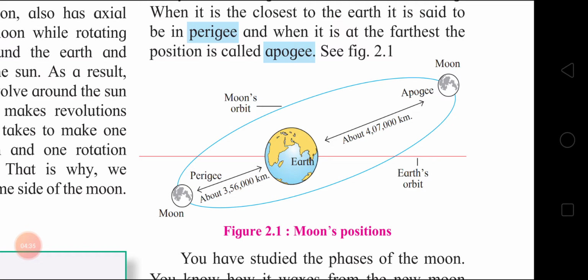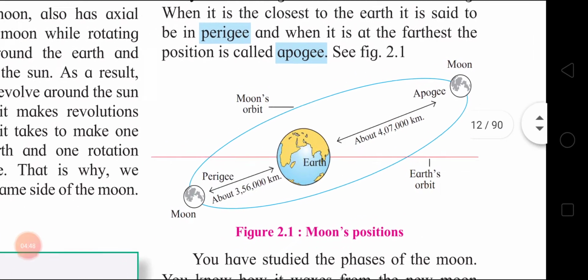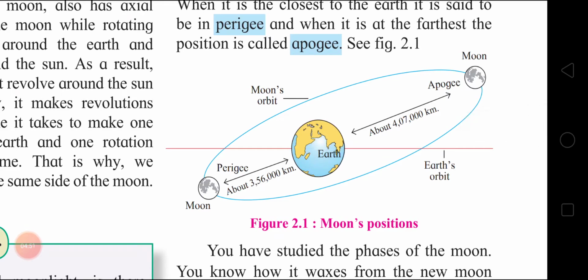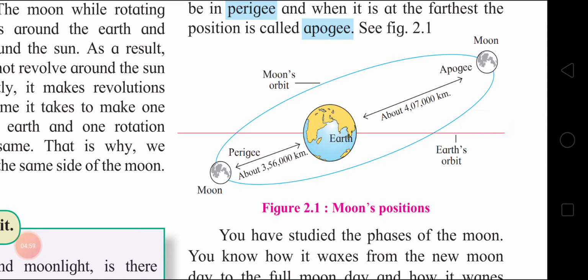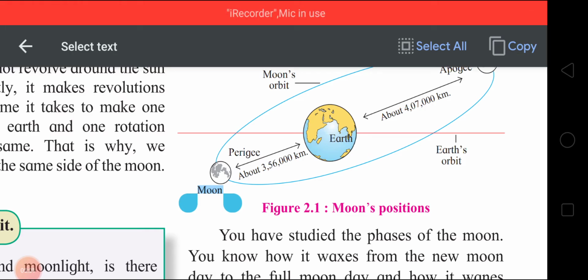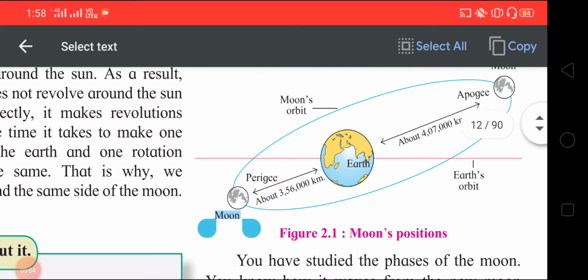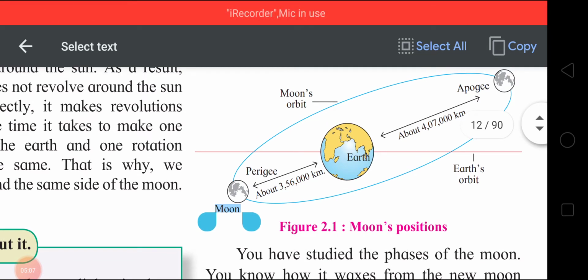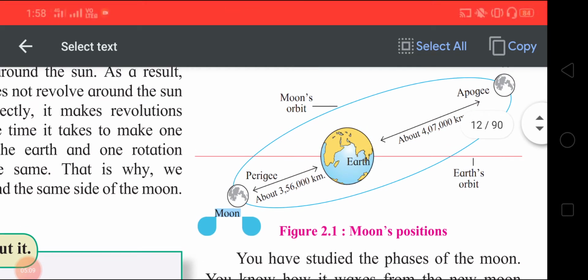I'll repeat. Due to the moon's elliptical orbit of revolution, its distance from the earth is not the same everywhere along its orbit. Somewhere short, somewhere long. Correct? From the new moon, when the moon in its orbit is nearest to the earth, it is said to be perigee.